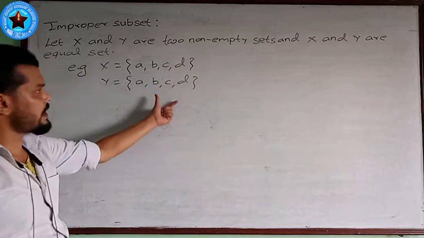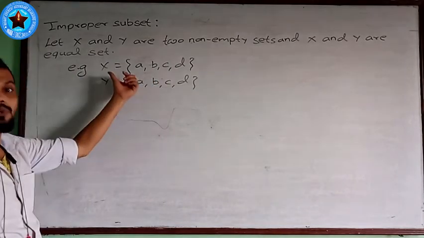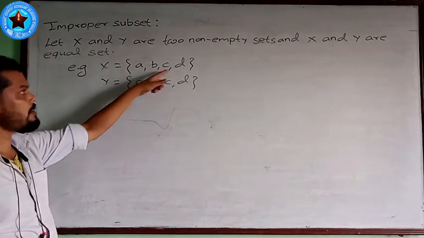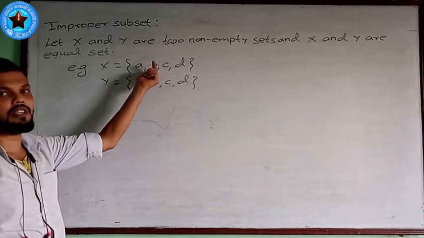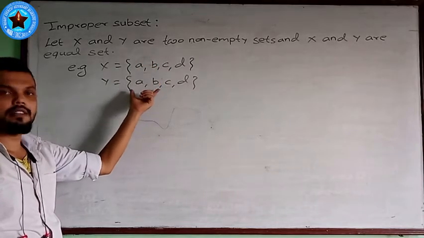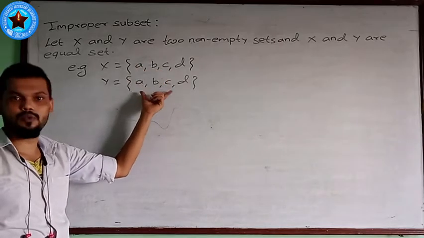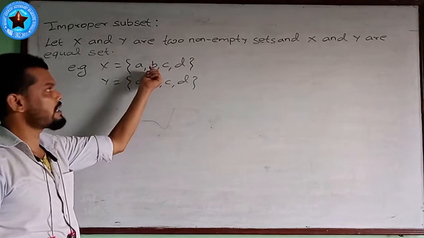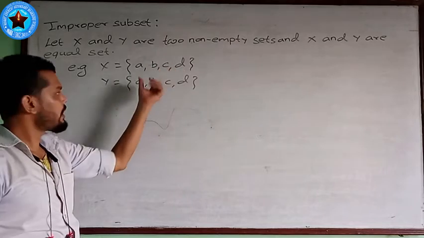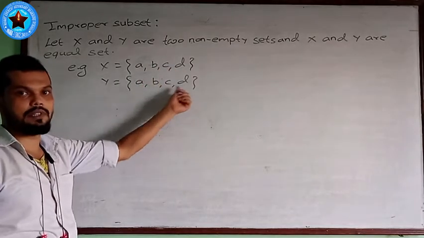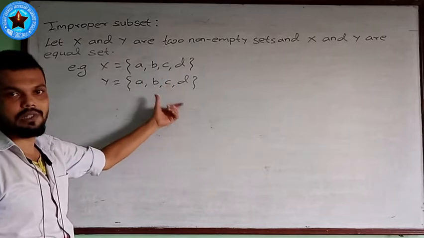Now in both sets we find that they are equal sets because all the elements contained by the set x are also contained by the set y. That means here we find 4 elements, here also we find 4 elements, and here we find the elements a, b, c, d. Here also we find the same elements a, b, c, d. It means that they are equal sets.